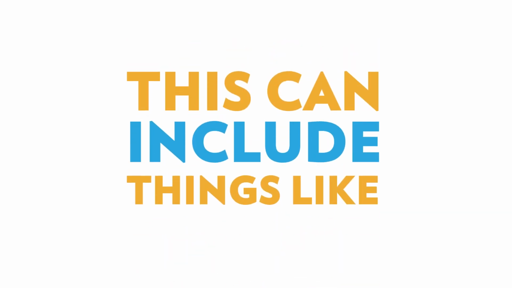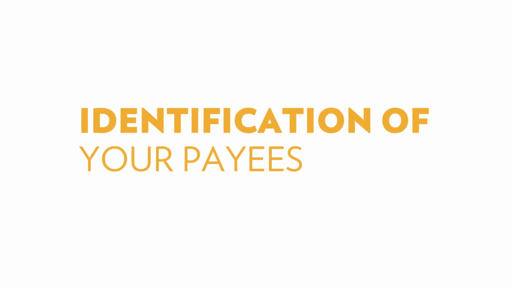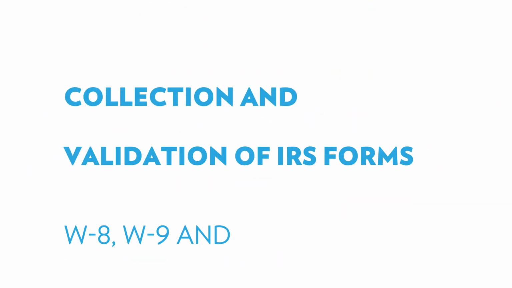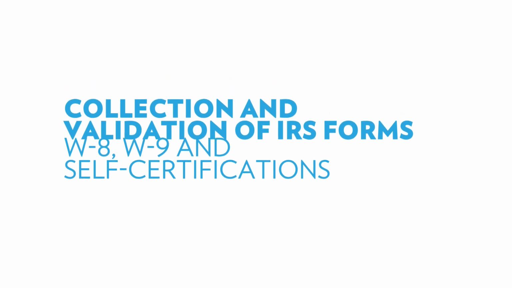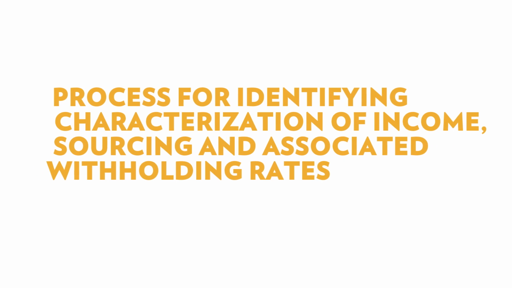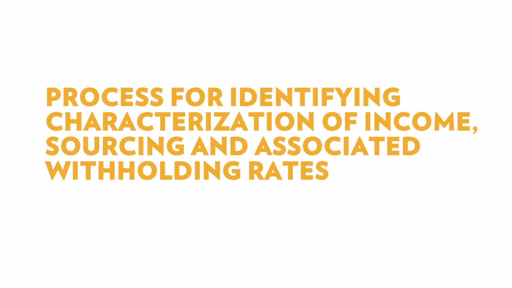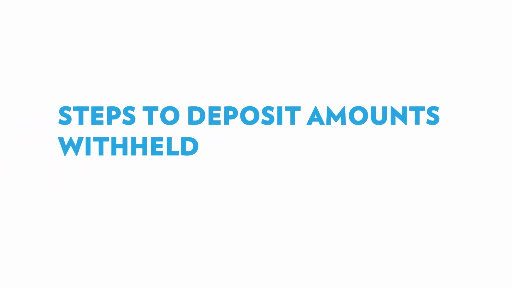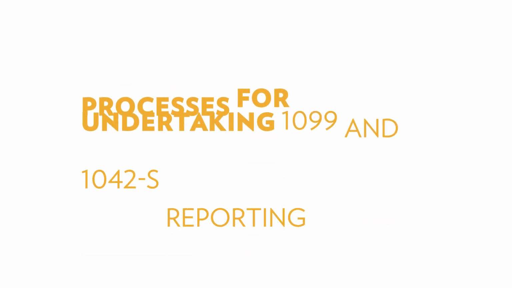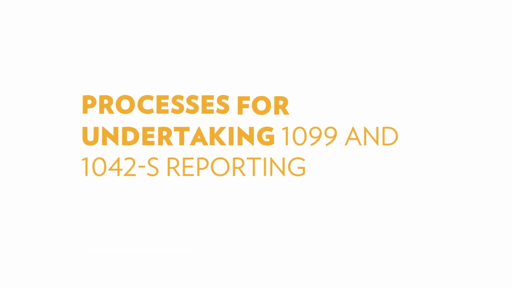This can include things like identification of your payees, collection and validation of IRS Forms W-8, W-9 and self-certifications where applicable, process for identifying characterization of income, sourcing and associated withholding rates, steps to deposit amounts withheld, processes for undertaking 1099 and 1042-S reporting.